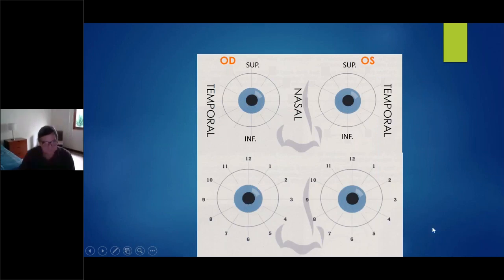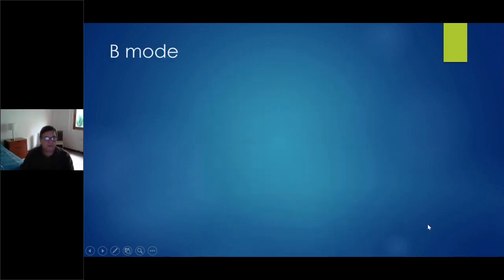In order to be clear, sometimes you make the examination and you are not sure where the lesion is. If it's a retinal tear, you must show the situation of that to make the best treatment.